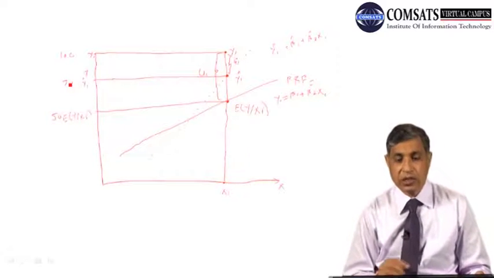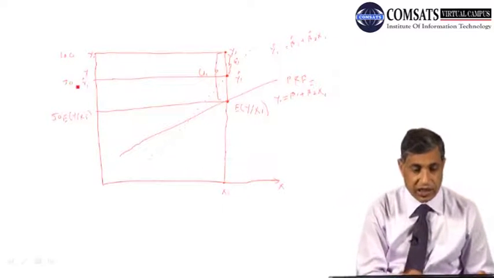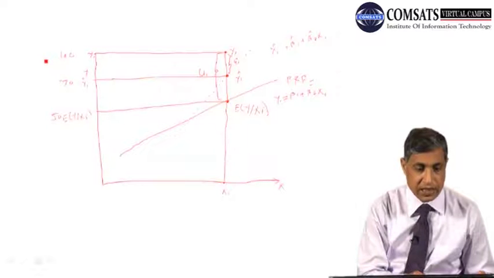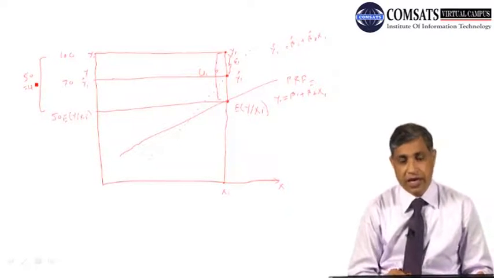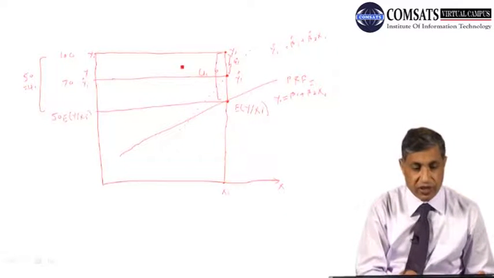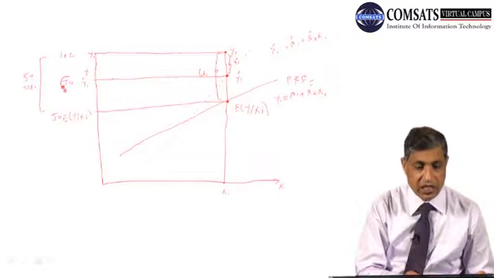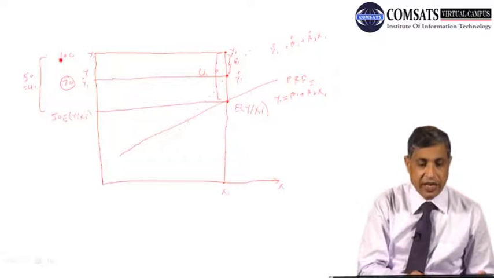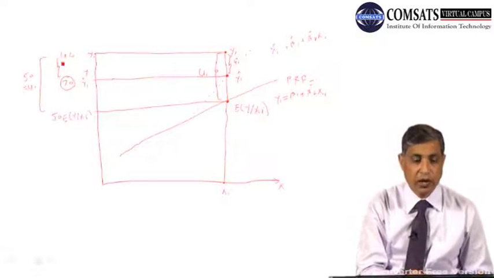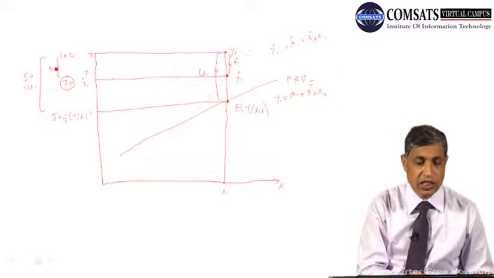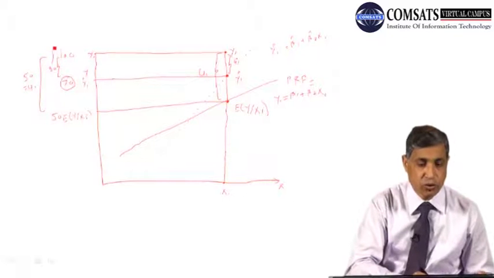What this means is that the population regression function is missing this value by 50, and this is equal to ui. And out of this, we have estimated 70, so our regression function is missing this yi value by only 30. So this 30 is ui hat.